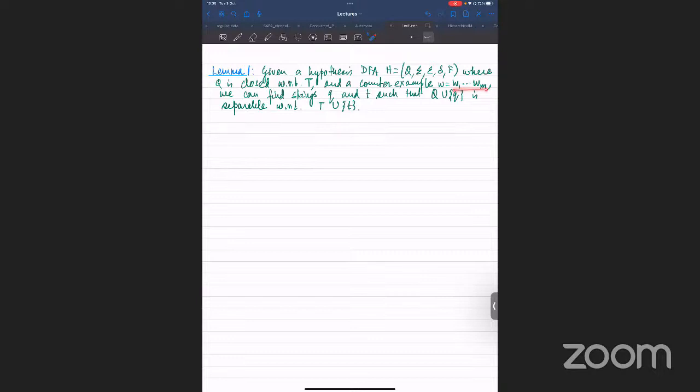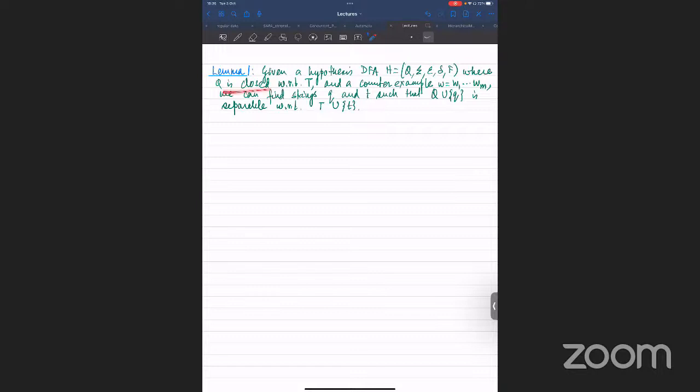It is a string of length, let's say m. Now, what we say is that if there is a counter example like this, then we can find strings q and t such that q is a new string which does not belong to this capital Q, and t is a new string which does not belong to this capital T, and Q union q is separable with respect to T union t. Okay.